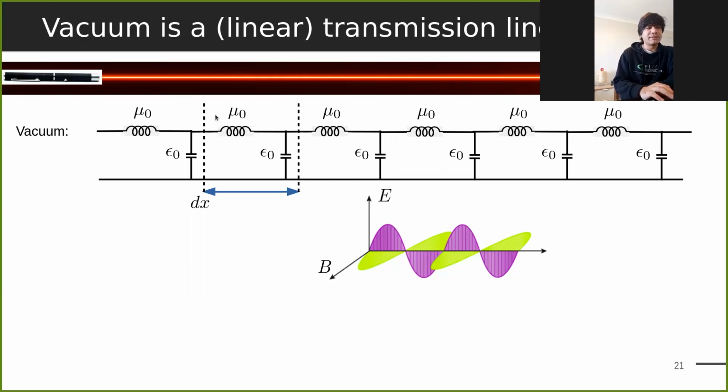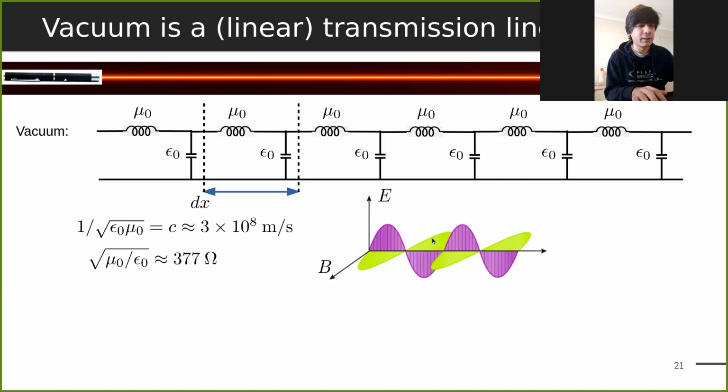Vacuum means there are some distributed inductances and capacitors, and it acts like a transmission line. If you solve the telegrapher's equation, you end up solving the Maxwell equation and get these waves. In some unit system, these quantities are related to the speed of light, and this vacuum transmission line, so to speak, has an impedance called the impedance of vacuum, 377 ohms.